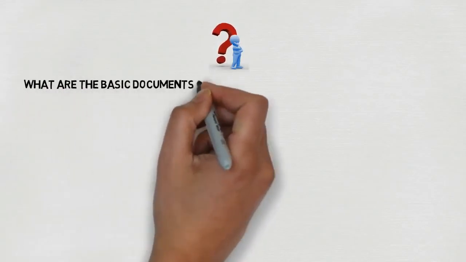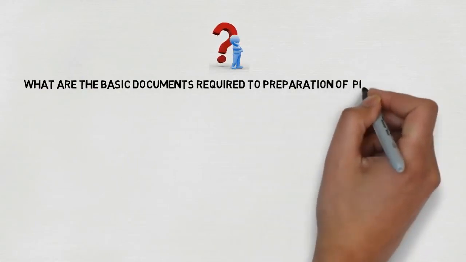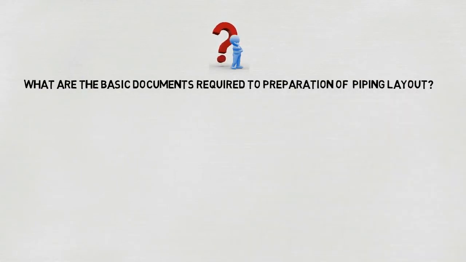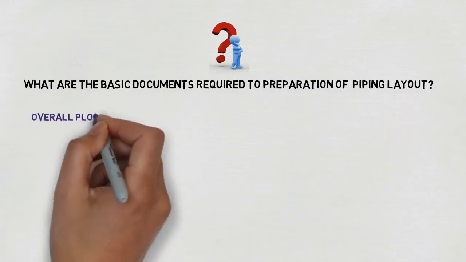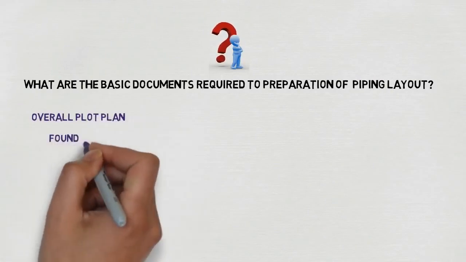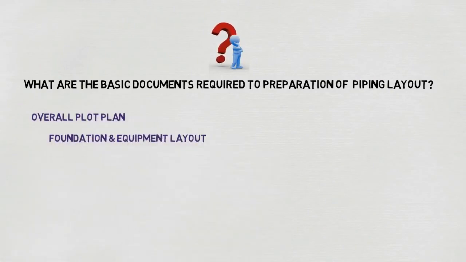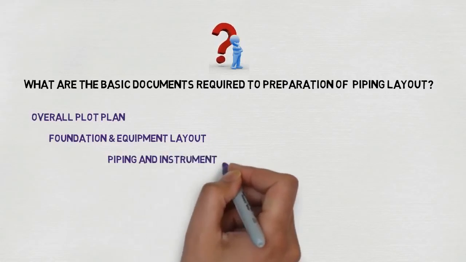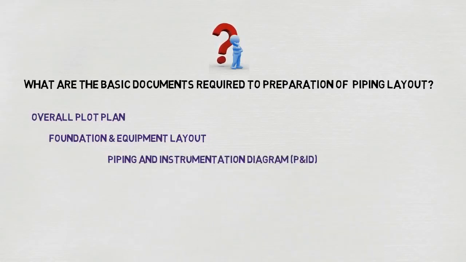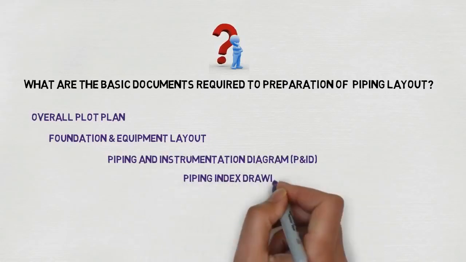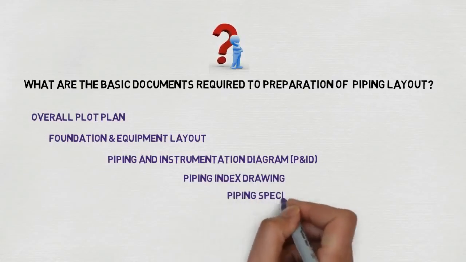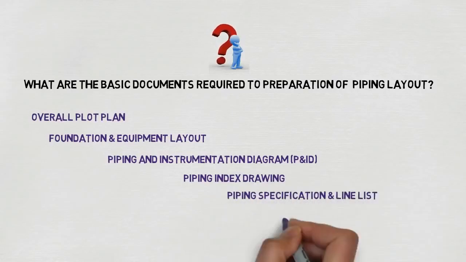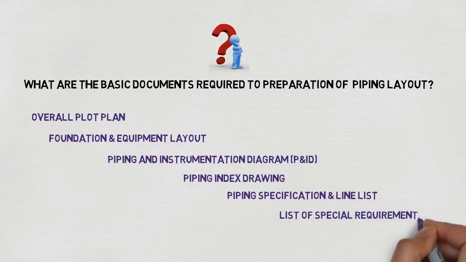What are the basic documents required for preparation of piping layout? Overall plot plan, foundation and equipment layout, piping and instrumentation diagram, piping index drawing, piping specification and line list, list of special requirements if any for the project.